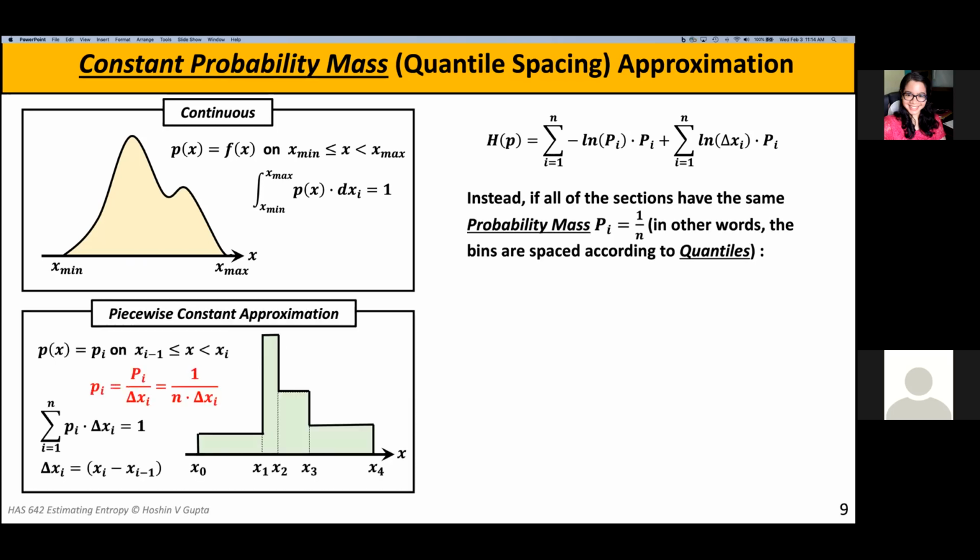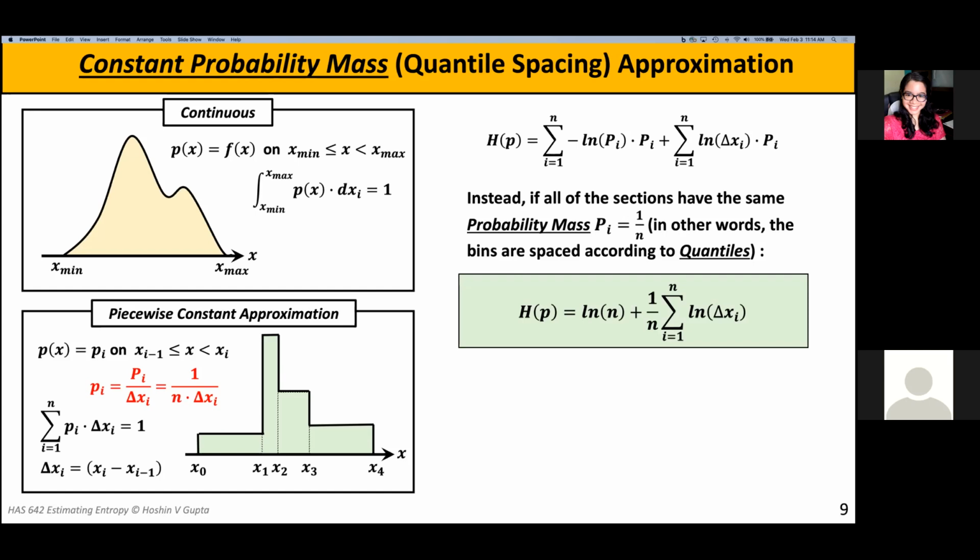So instead, consider the case where instead of having constant width bins, we use constant probability mass bins. Okay, that's what I mean by quantile spacings. Quantile spacings are spacings that give you constant probability mass. So let's say you've got n bins, you can plug in the probability mass is 1 over n, and you get this equation instead. So now you have log of n plus the average of the log of the bin widths.